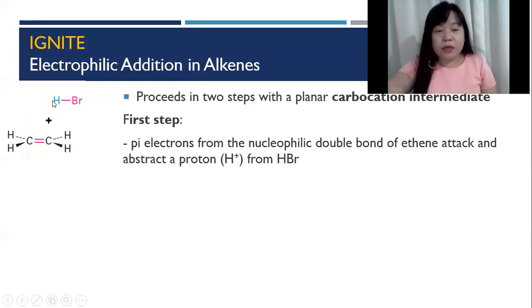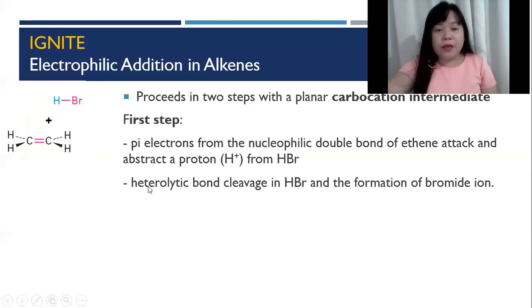So this structure or HBr is added, then the hydrogen part of HBr is electrophilic, and it's the first part of the structure that gets added here, as you will see later. So again, the nucleophilic pi bond here attacks the electrophilic H plus in HBr. And there's a heterolytic bond cleavage in HBr and the formation of a bromide ion.